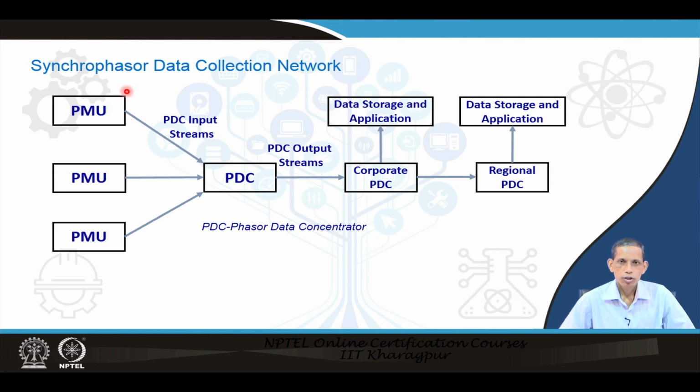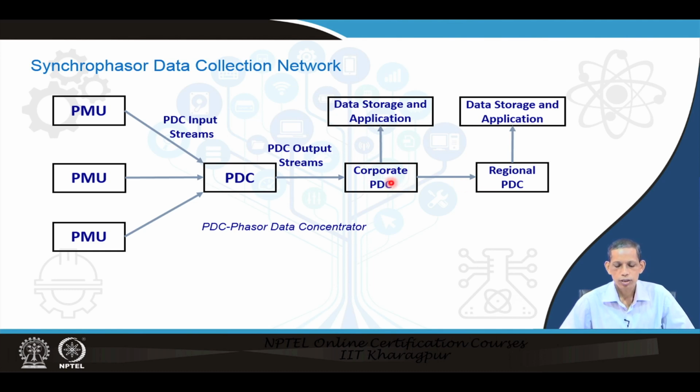The synchrophasor or synchronous data provided by these PMUs in the system have to be collected to have meaningful applications of that data. From different PMUs, the phasor data concentrator collects at the substation level or at the zonal level; the corresponding n number of PMU data are collected, collated, integrated, and sent to the next level of PDC: corporate PDC, regional PDC, and then the central PDC level.